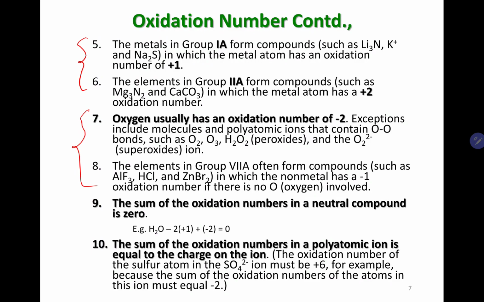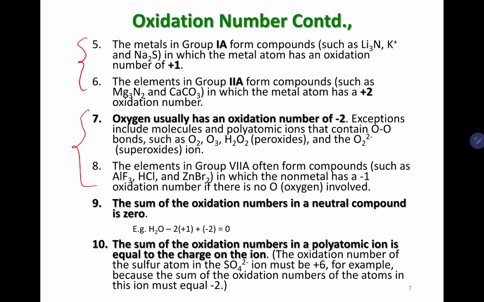Some other rules from rule number 1 through 6 could change the oxidation numbers of the atoms that we are going to talk about next. So rules 6 and especially 7 could be a little bit tricky, so you might want to pay attention.